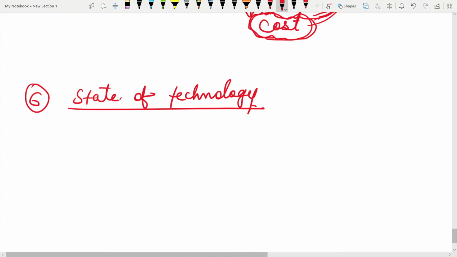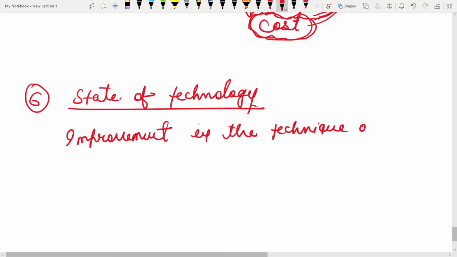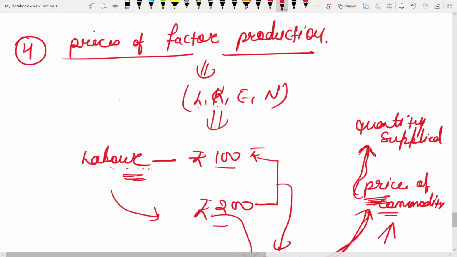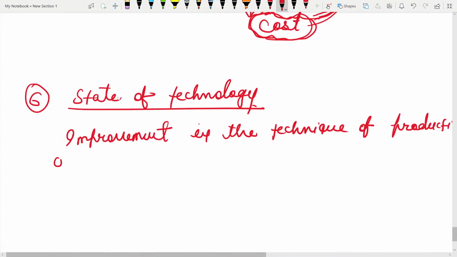So state of technology improvement: we can say if technology has improved, so improvement in the technique of production reduces cost.